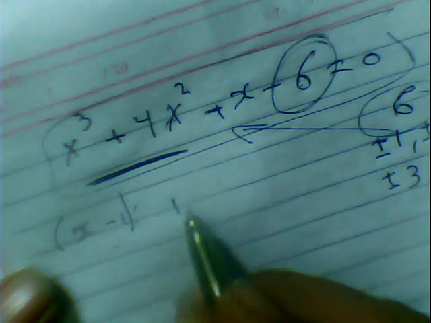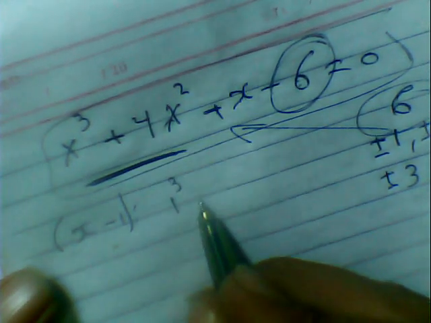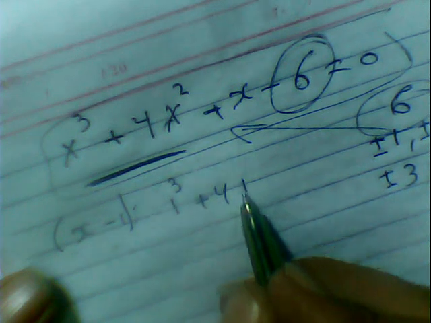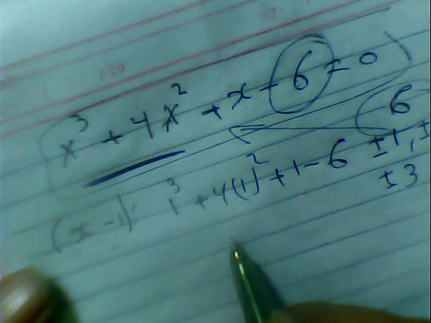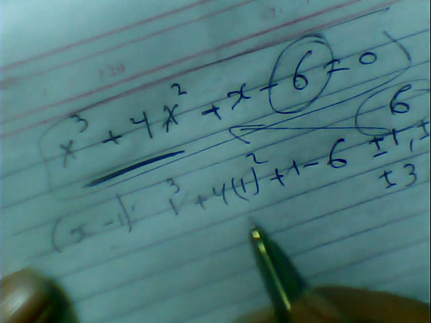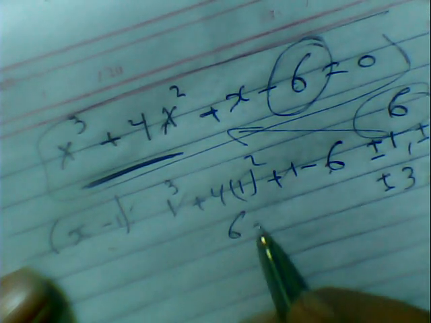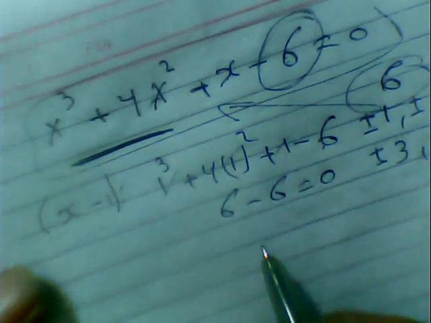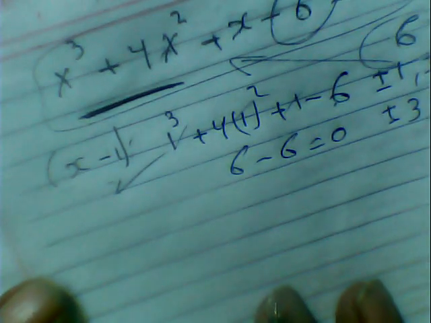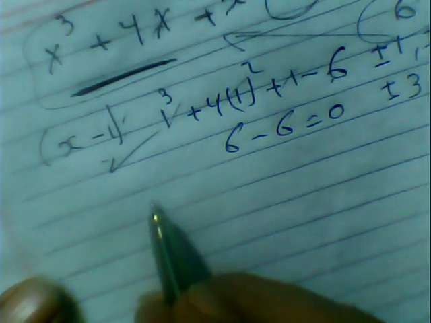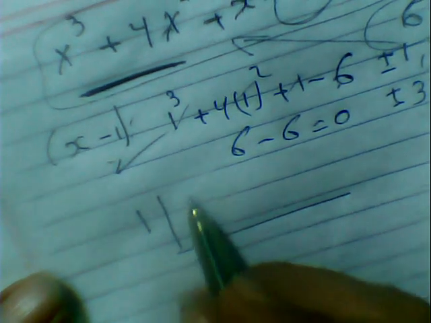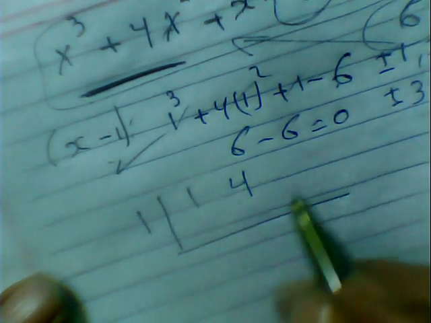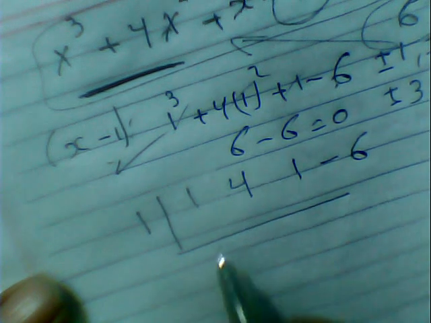Then 1 power 3 plus 4 times 1 power 2 plus 1 minus 6. This equals 1 plus 4 plus 1 minus 6 equals 0. Then this is the root.